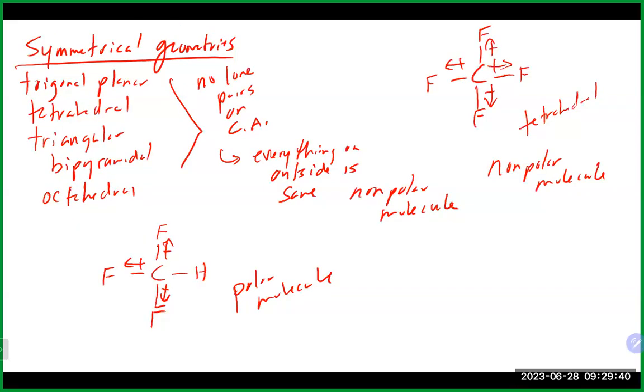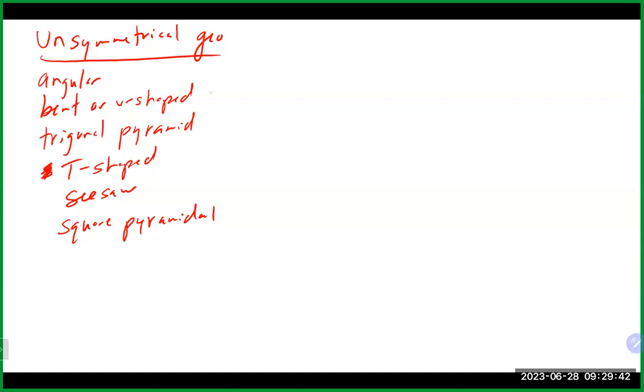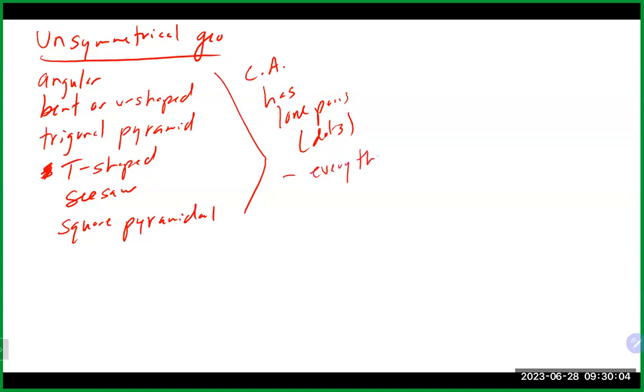What these guys have in common is that if you draw the Lewis structure, the central atom has lone pairs, or dots. Right? So if you draw your Lewis structure, these guys will have dots on them, which means they have lone pairs. And if you have that situation and everything on the outside is the same, it will be a polar molecule.